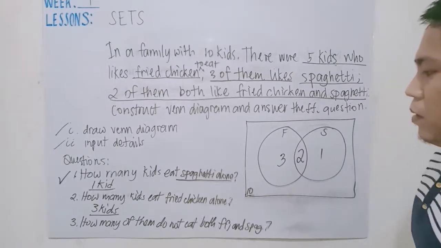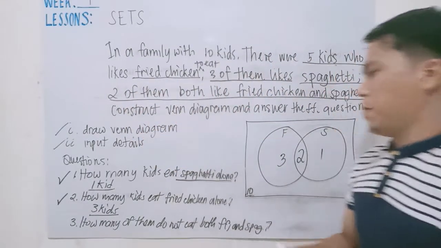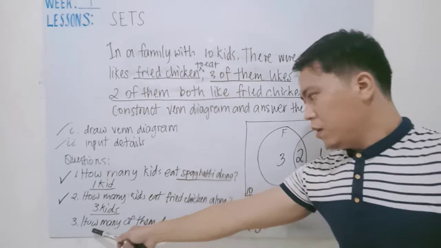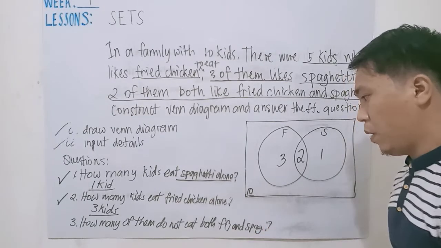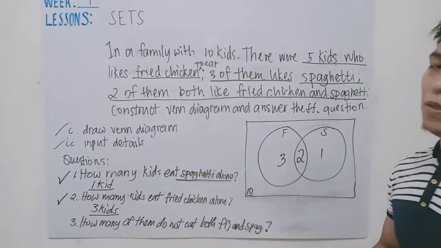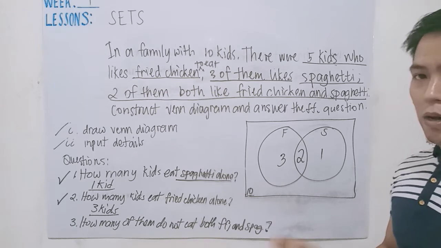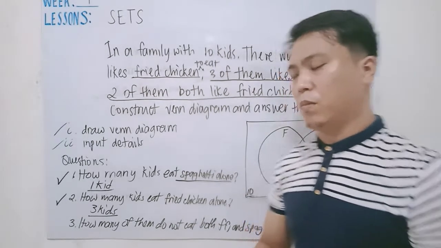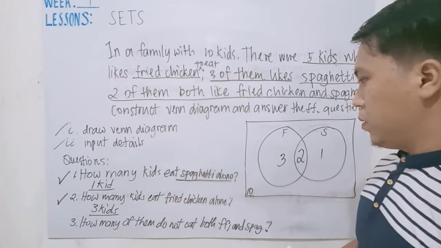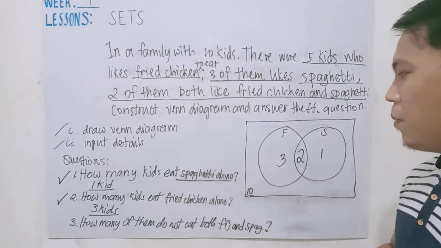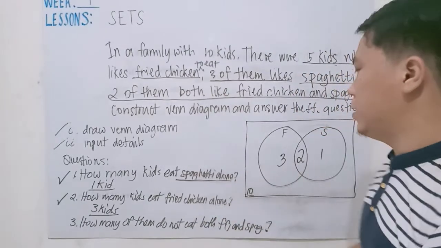So now we are on the next part, but number 3 here is quite hard to answer, because we have 2 to 3 steps to use. We're going to sum up the number of kids who eat spaghetti and fried chicken.